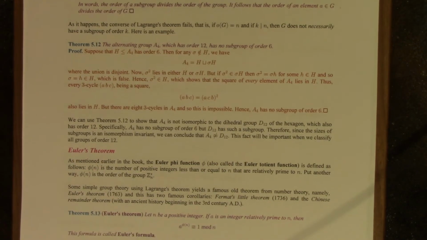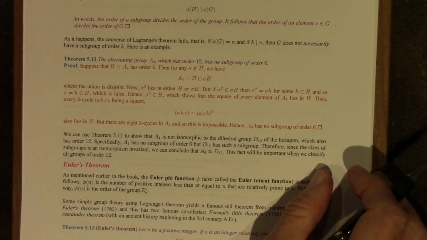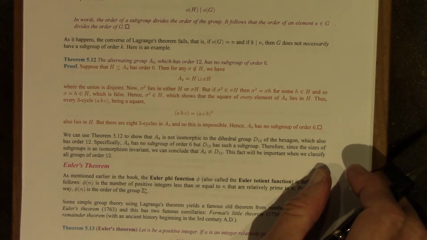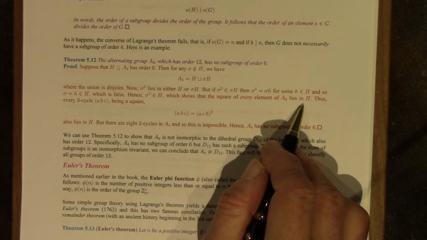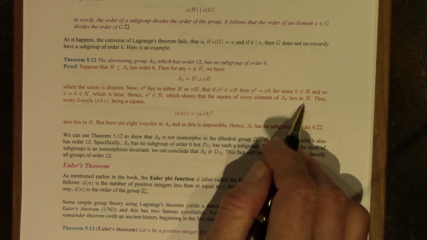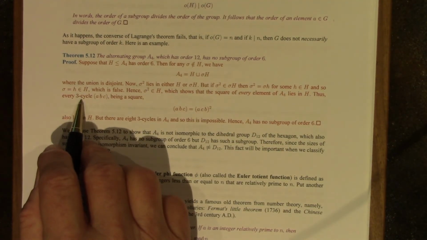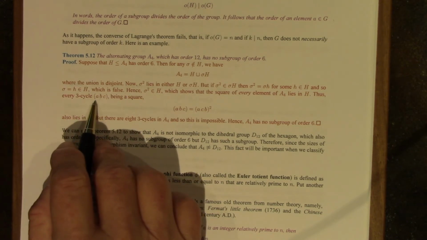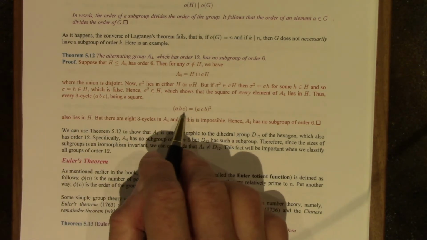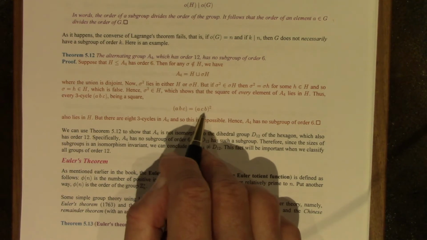So every element of A4 has the property that its square is in H. That's too many elements, because every 3-cycle is a square of another 3-cycle.